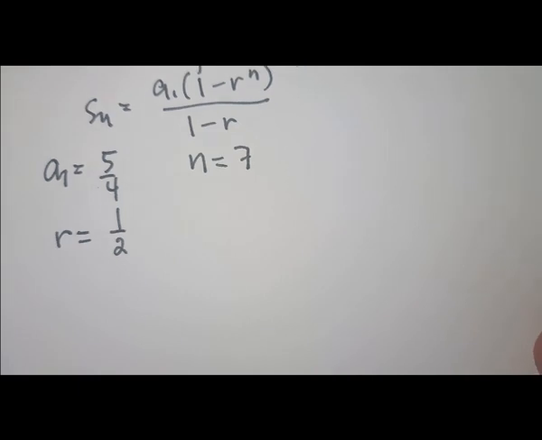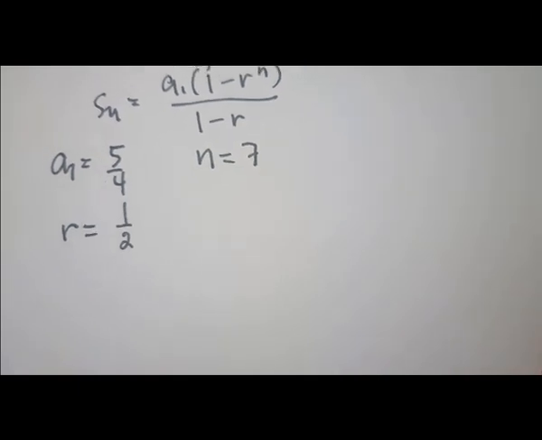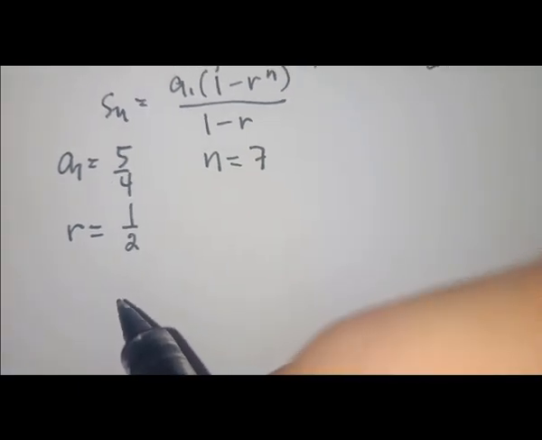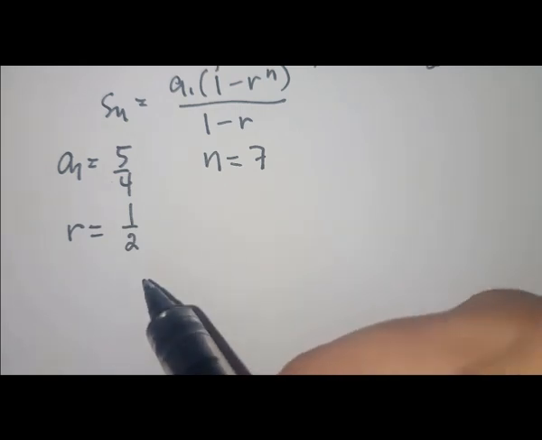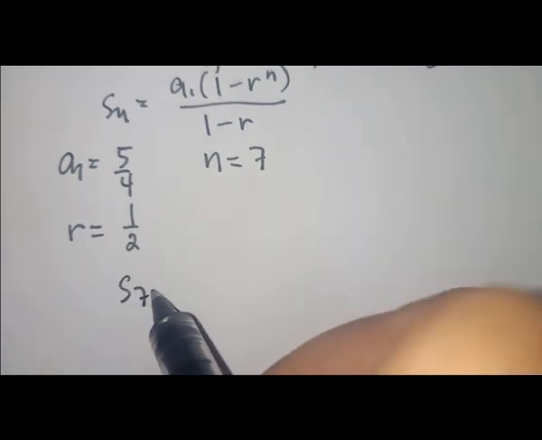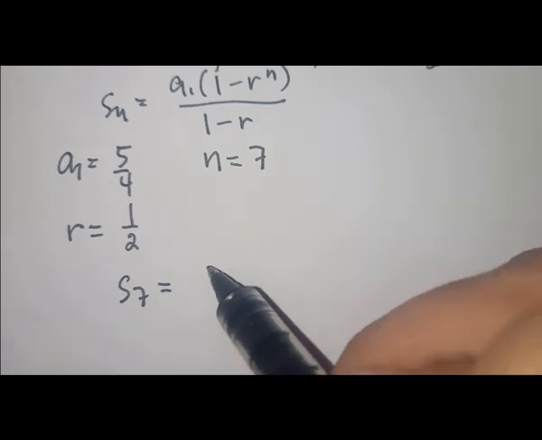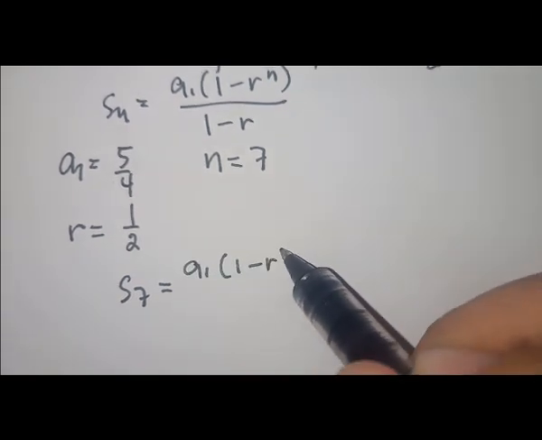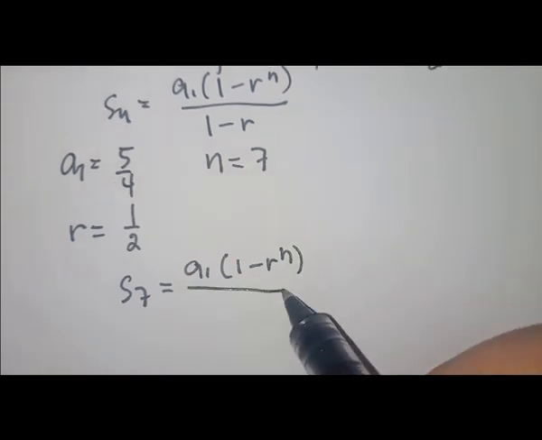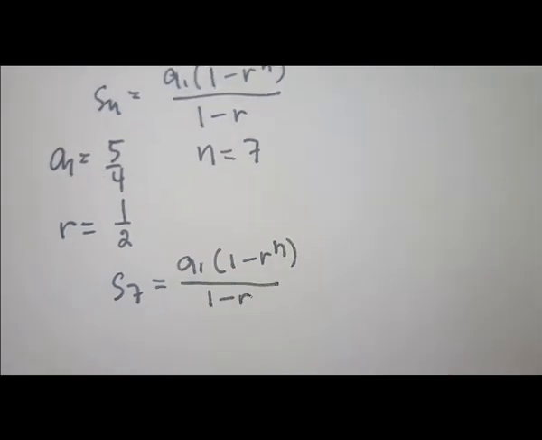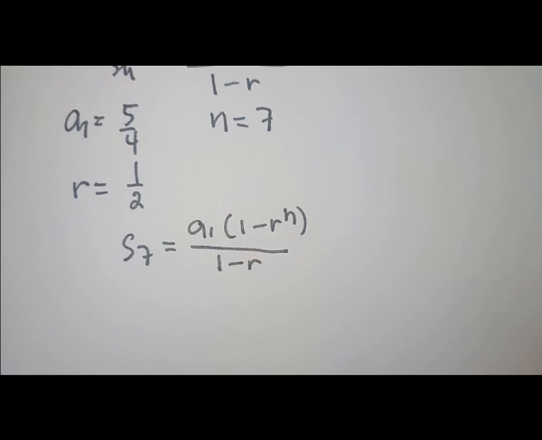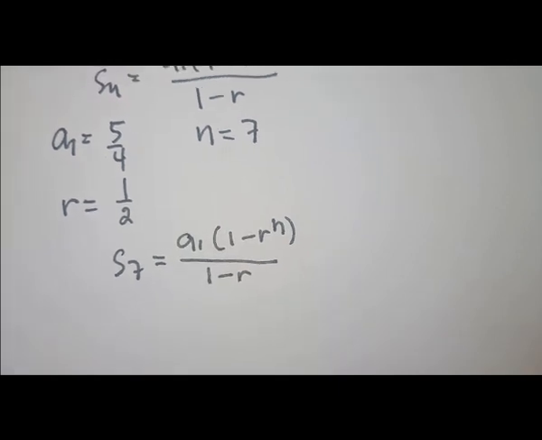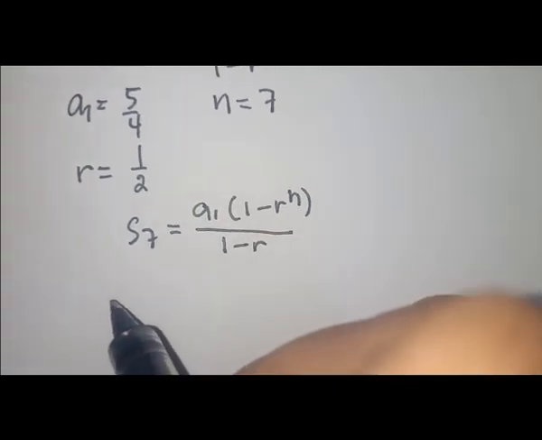Okay, so now we have the givens here. Let us try to write what will be the equation. And the equation will be S sub 7 is equal to a sub 1 times 1 minus r raised to n over 1 minus r. So now let us try to substitute all corresponding values that we have.